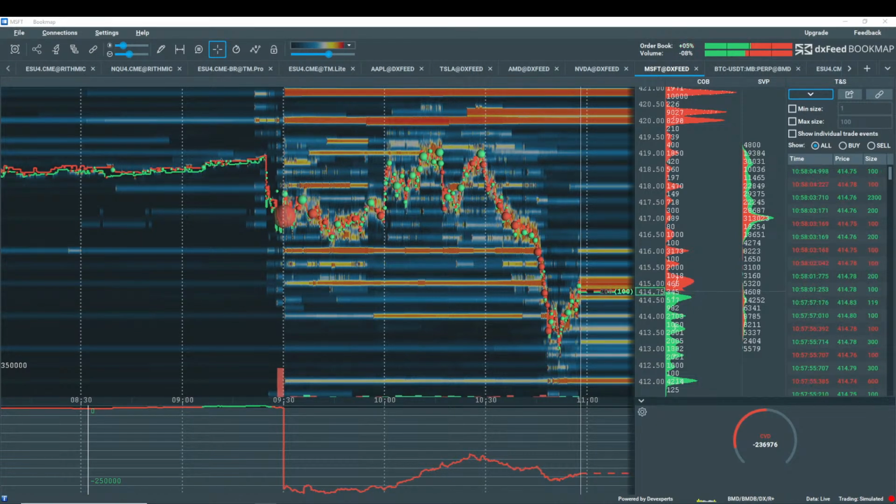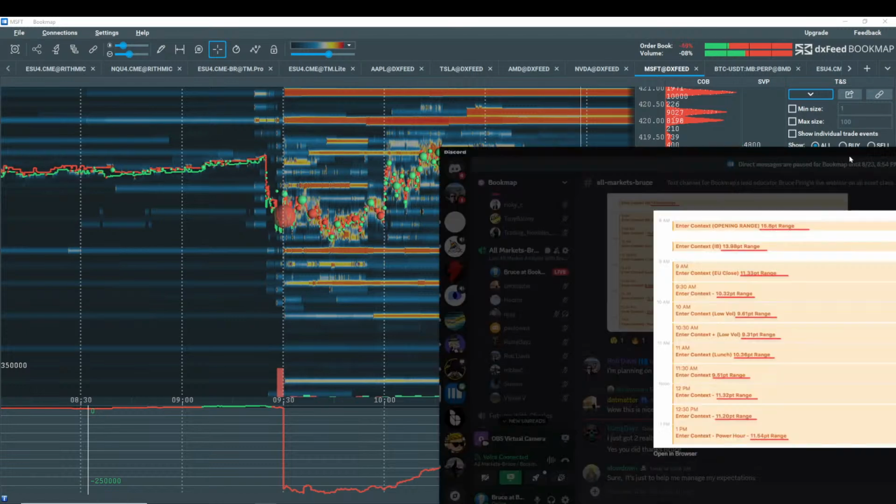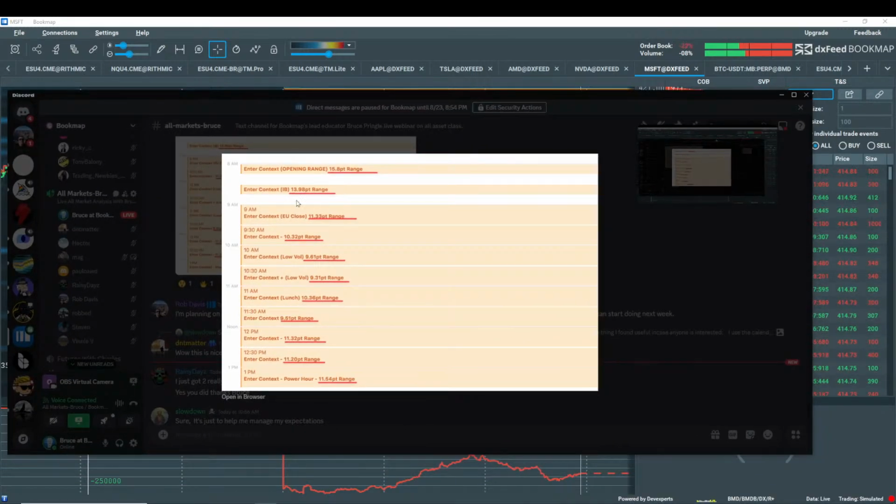Okay, so yeah, thanks, Slowdown. This is what I'm talking about here. He just put this together, and he's looking at the context with point ranges for the ES in here. So this is really interesting stuff. You're looking at these ranges and understanding these moves.